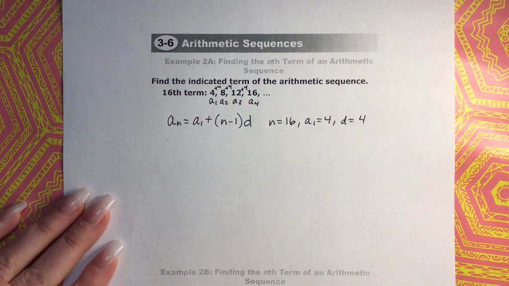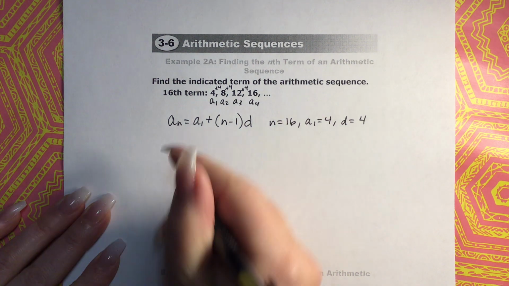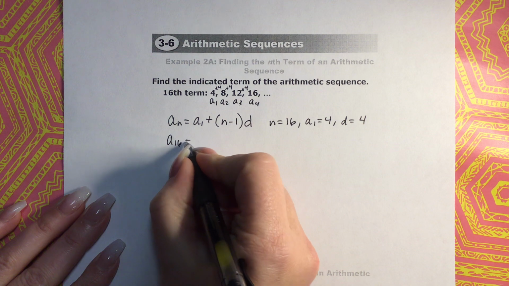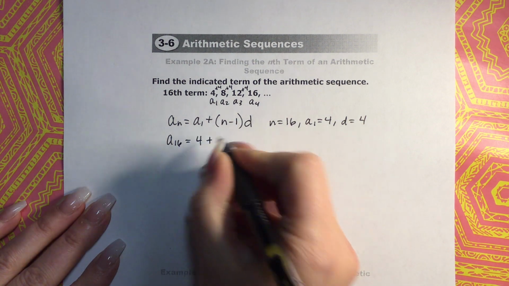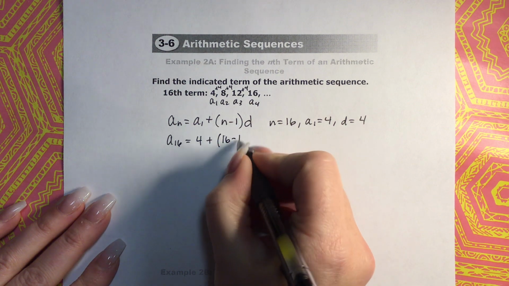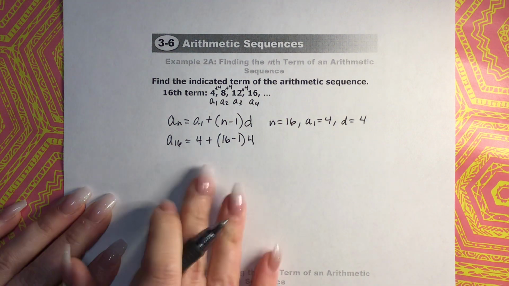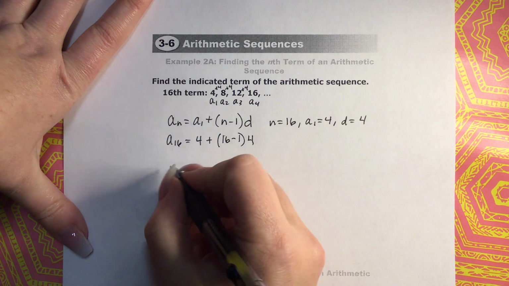Then we just sub all these numbers into the formula. So we're going to have this to figure out what the 16th term is. What we're going to do is take that first term, which is 4, and add it to 16 minus 1 multiplied by the common difference, which is 4. Then we're just going to do order of operations, right? So we have to do the parentheses first.